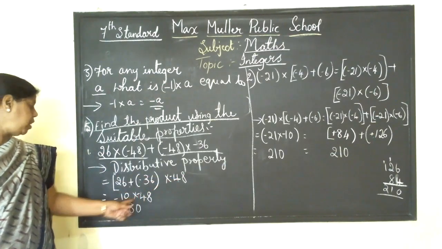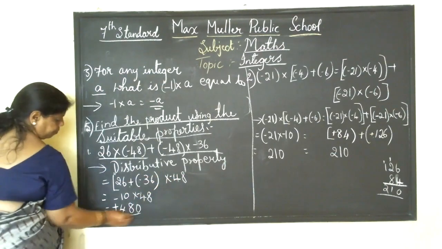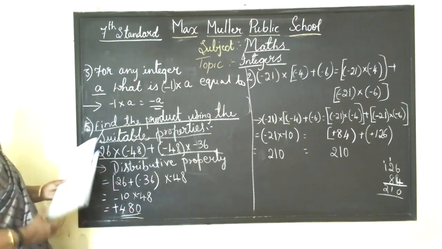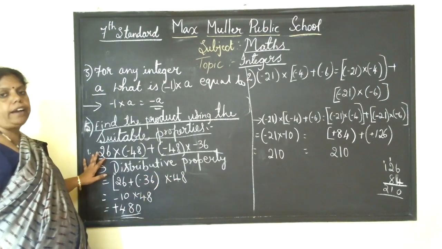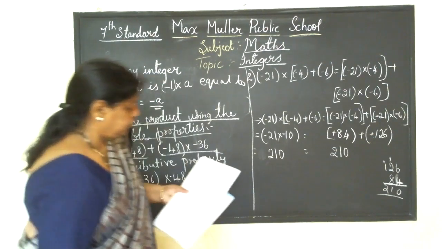So, minus into minus plus 48. As this has been elaborated and taken as distributive property.